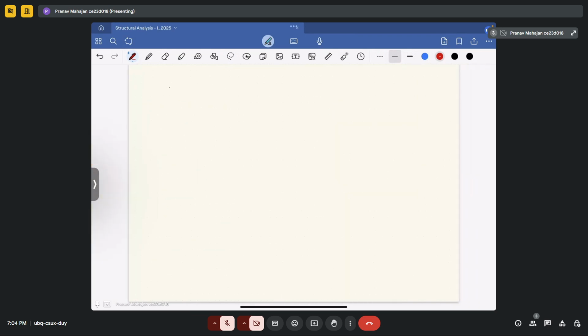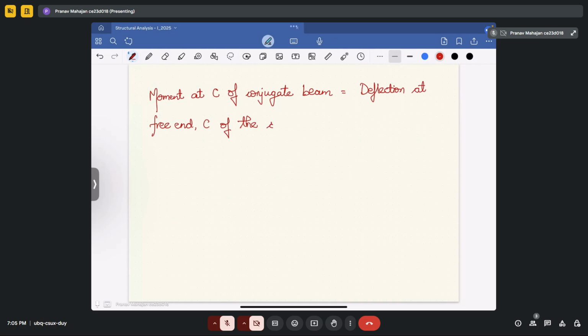So that means the moment at C of the conjugate beam will be equal to the deflection at the free end C of the real beam. Fine?